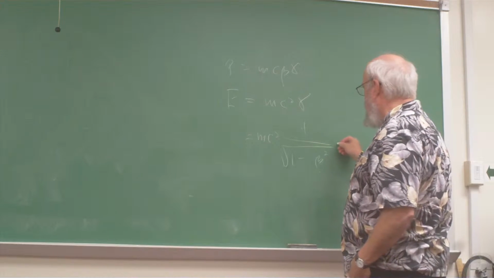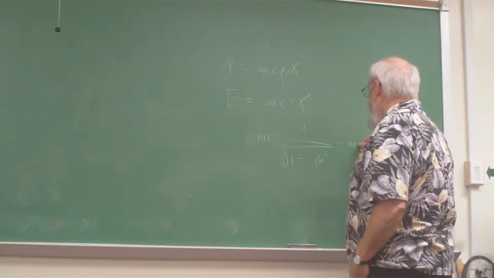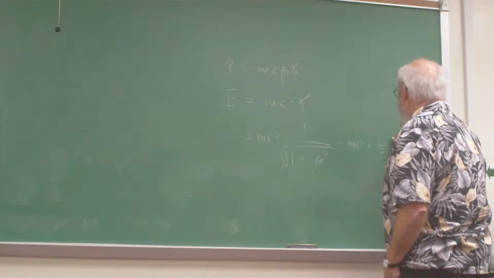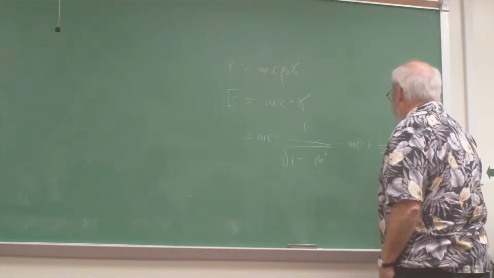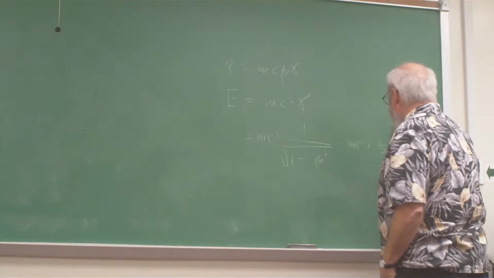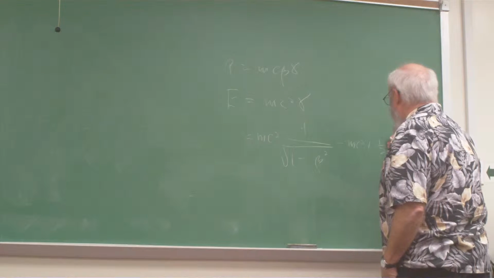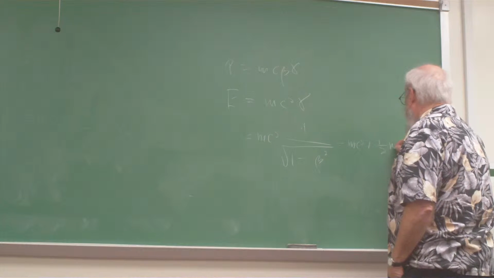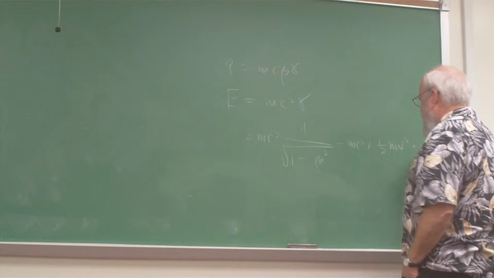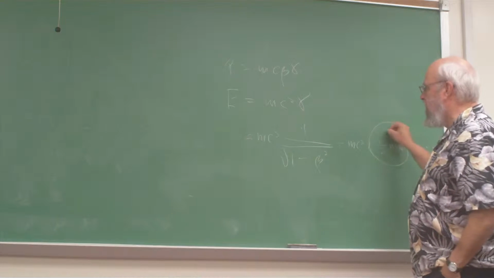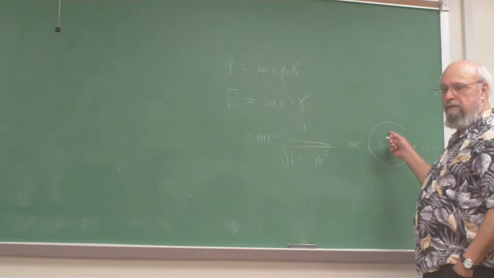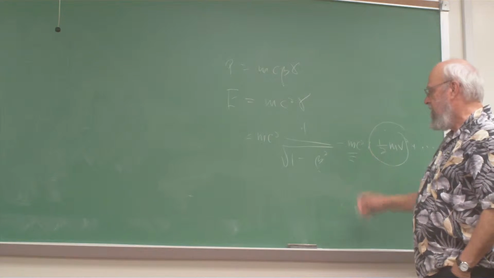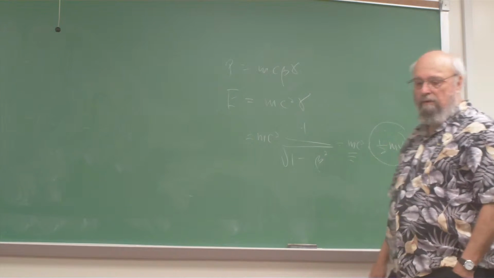So we can write this as approximately mc squared plus 1/2 v squared over c squared times c squared, which is mv squared, plus other higher order terms. So this is the classic Newtonian term, and this is the rest mass, and then there are the higher order terms.